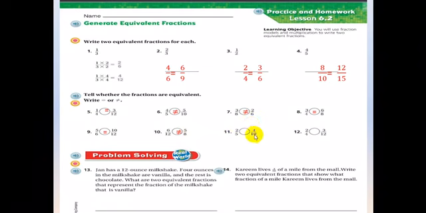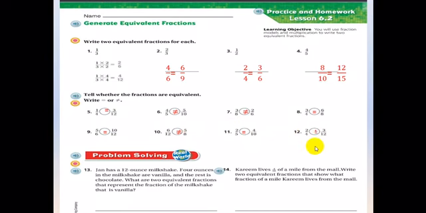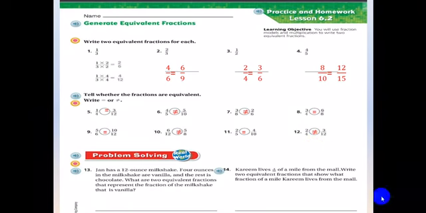2 fifths equals 4 tenths. 2 times 2 is 4 and 5 times 2 is 10. Yes, equal. Here 2 quarters equals 3 over 12? No, we should make 2 times what equals 3? No. And 4 times 3 equals 12.